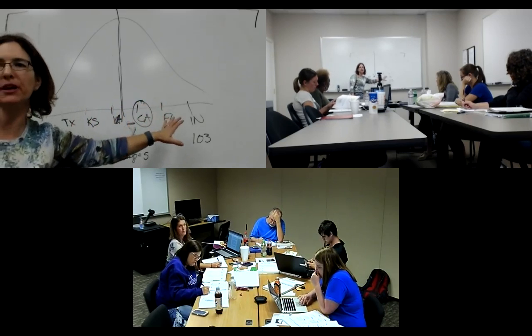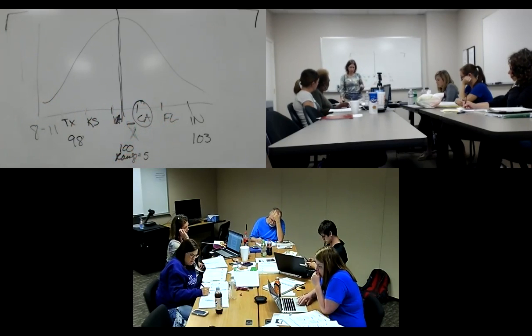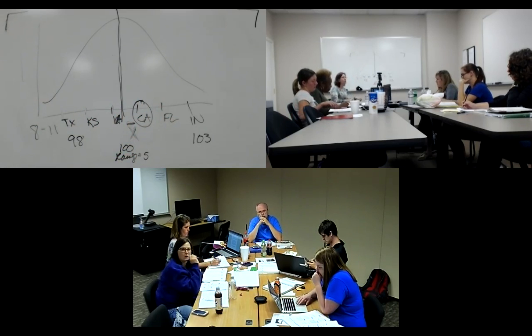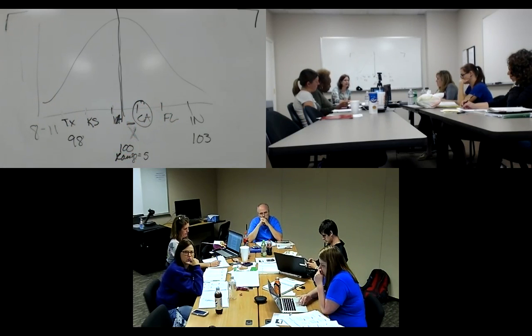So it's a sampling distribution. Okay? And so what this allows us to do is describe the sampling distribution without having to get scores from every single member of the population. Because that would be impossible. There's no way that you're going to be able to test every 8, 9, 10, and 11-year-old across the country.